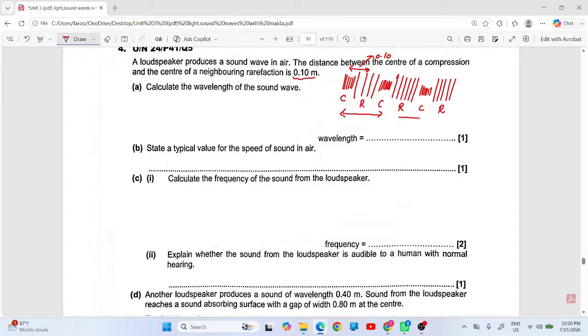The wavelength, the distance between consecutive compressions or rarefactions, is lambda. So half of that is lambda by 2, so lambda is double 0.1. Lambda equals 0.1 multiplied by 2, which is 0.2.